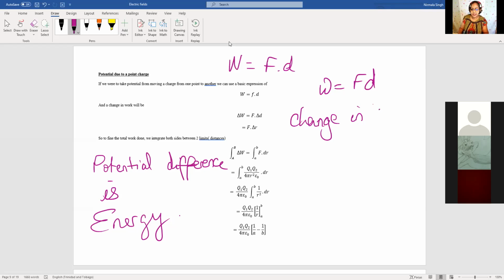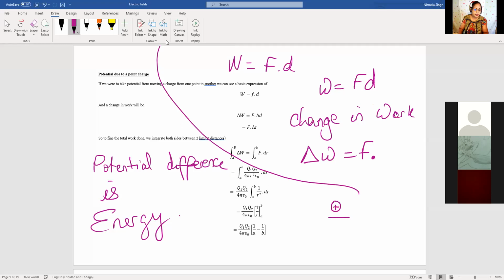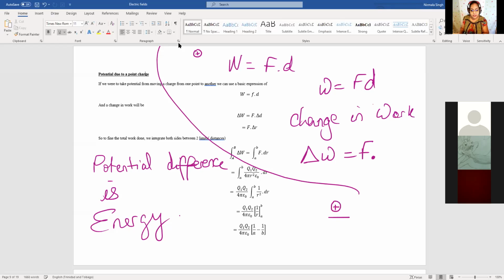So your change in work, delta W, will be the force exerted by your charge, which remains constant, because if I take this positive charge here and carry it across to somewhere else, it is still going to exert the same amount of force because that charge did not change. So the force exerted by a charge will not change. What will change is how far you move that charge.